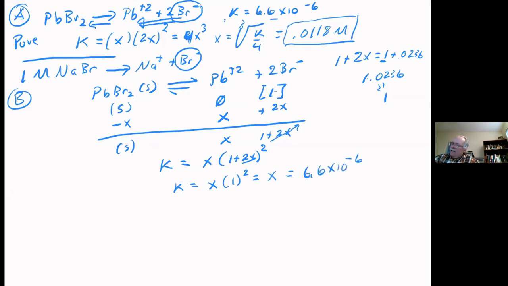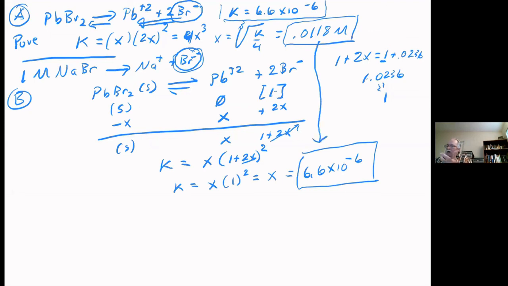This is the value of K here. And so what we see is that in the presence of the common ion from the sodium, the concentration went from 0.01 molar to 0.000006 molar. So Le Chatelier's principle shows that the common ion suppressed the ionization.